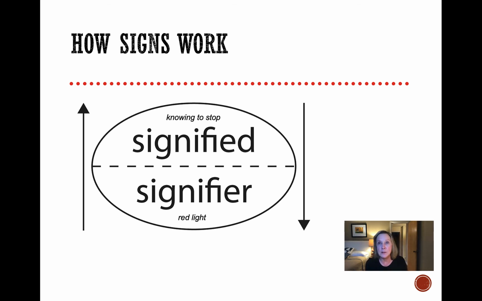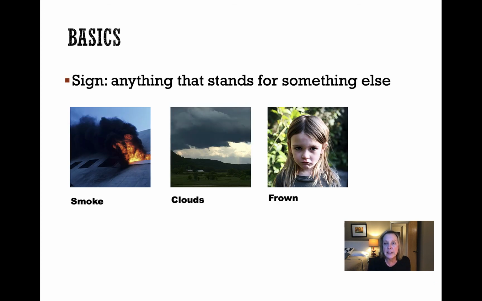So now the smoke, the signifier, tells us to stop. Same with seeing somebody's angry face, right? Before you learn to associate the sign with what it's telling you to do, you may make the mistake of approaching someone who looks angry.